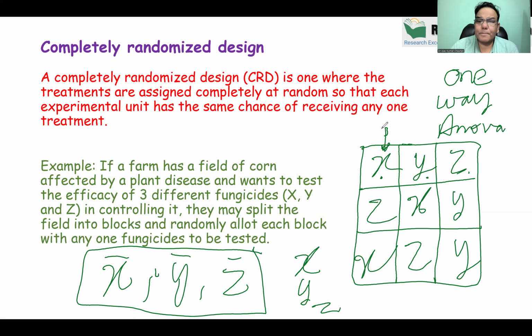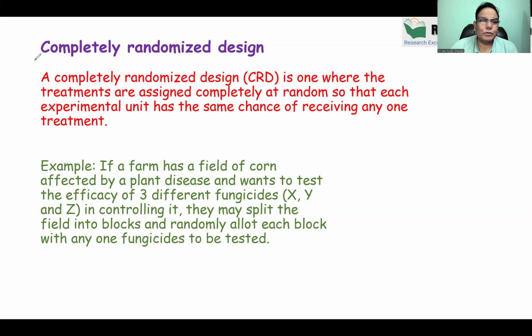So in this case, the random assignment of the treatment in the different groups is known as completely randomized design. So this is one example of completely randomized design.